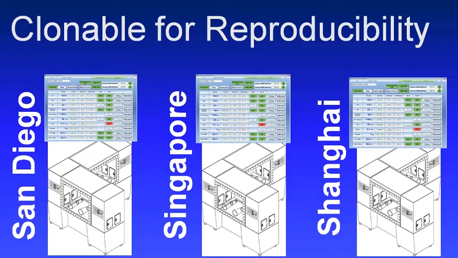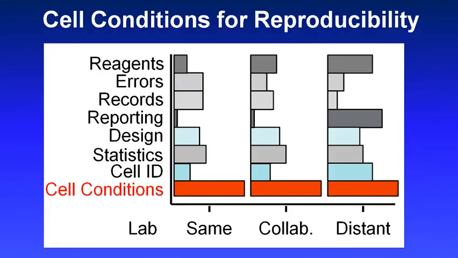Because when we talk about trying to improve in vitro reproducibility, we talk a lot about things like reagent identity, we talk about reporting issues, we talk about experimental design, we talk about problems with statistics, we talk about even cell identity.